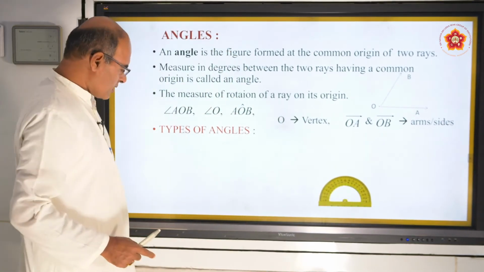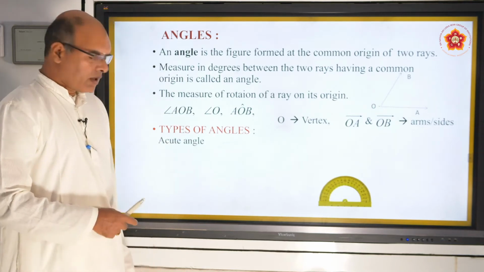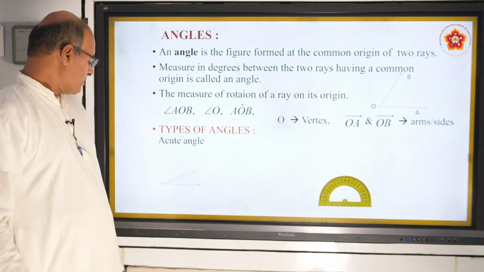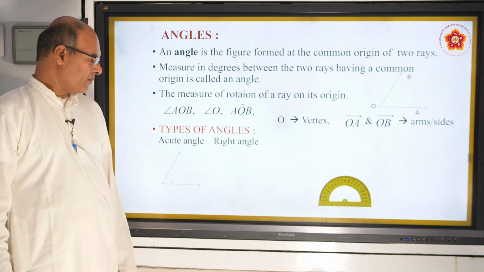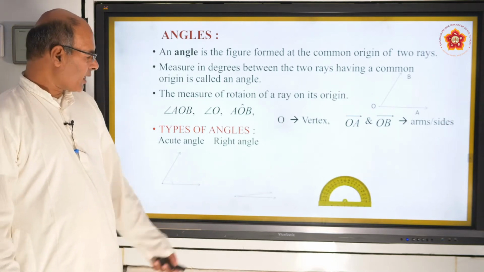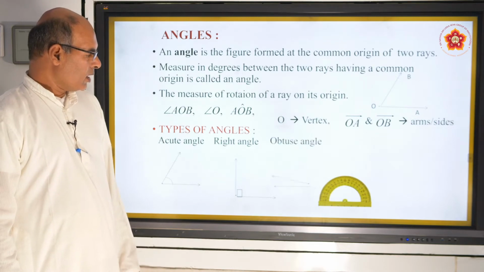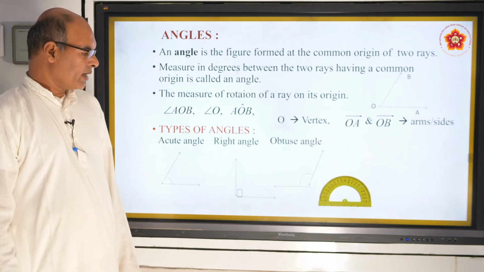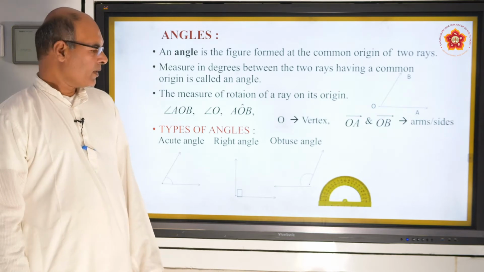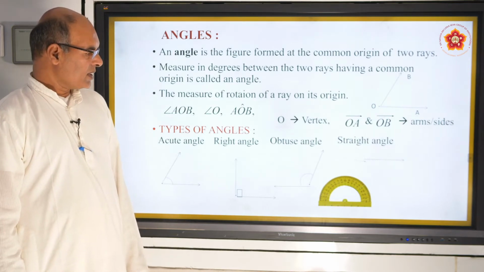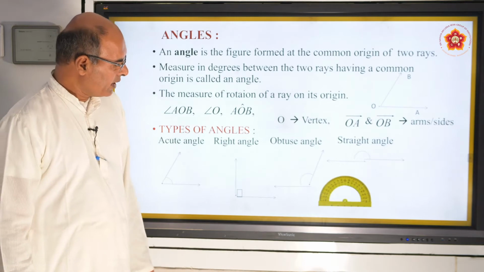The angles which measure less than 90 degrees are called acute angles. You know it. So it is an acute angle. The angles which measure exactly 90 degrees are called right angles. Obtuse angles are more than 90 degrees and less than 180. Straight angles measure exactly 180 degrees.